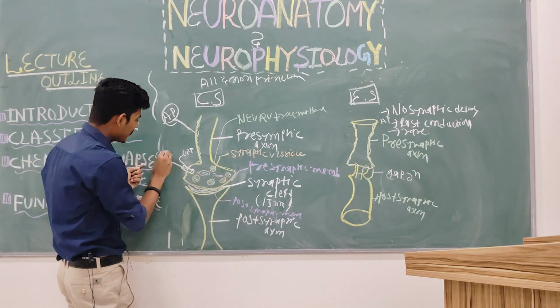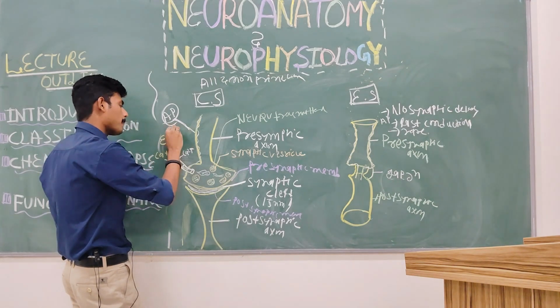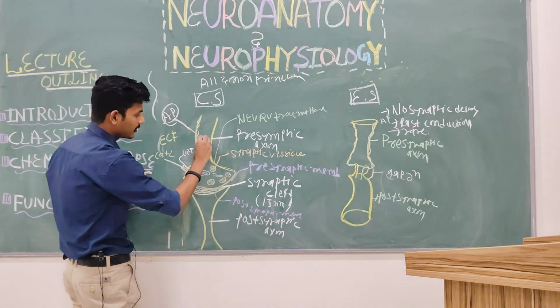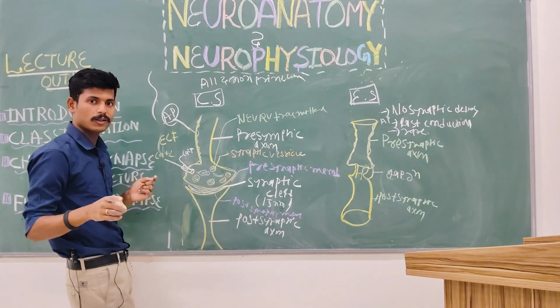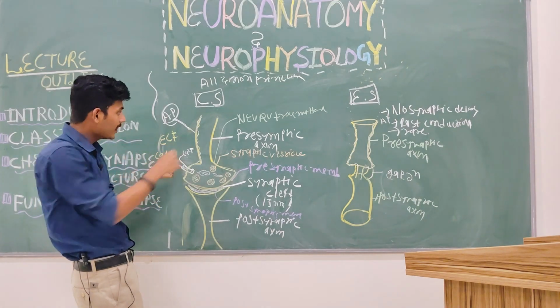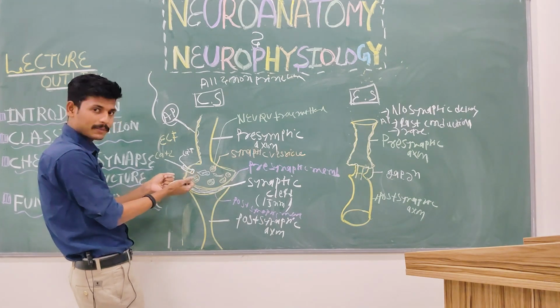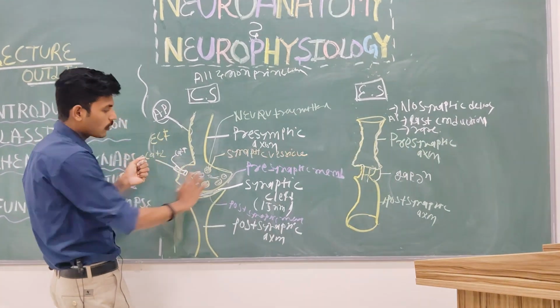This is the extracellular fluid, and here the fluid is called intracellular fluid. The extracellular fluid has many calcium ions, and when the electric potential comes, they open these channels, and there will be an influx of calcium.